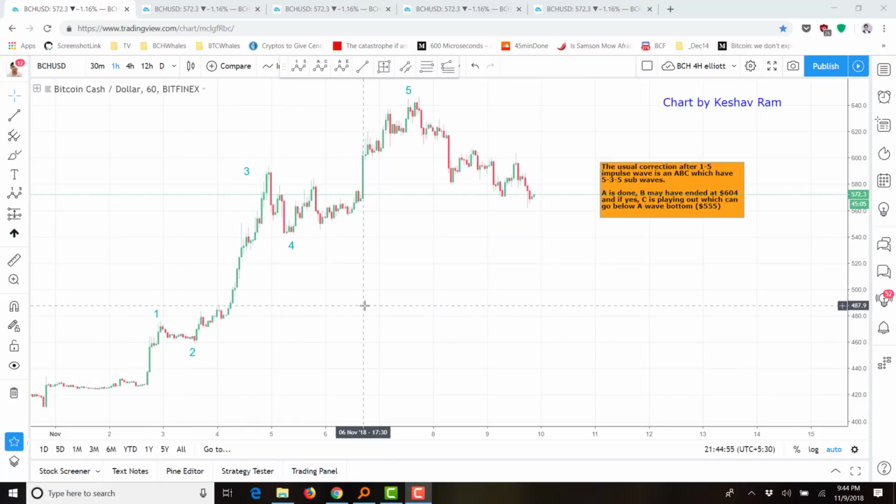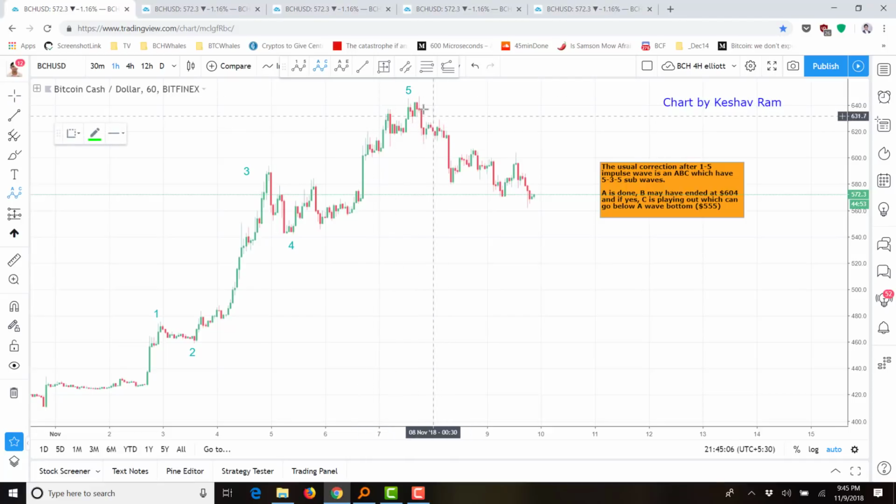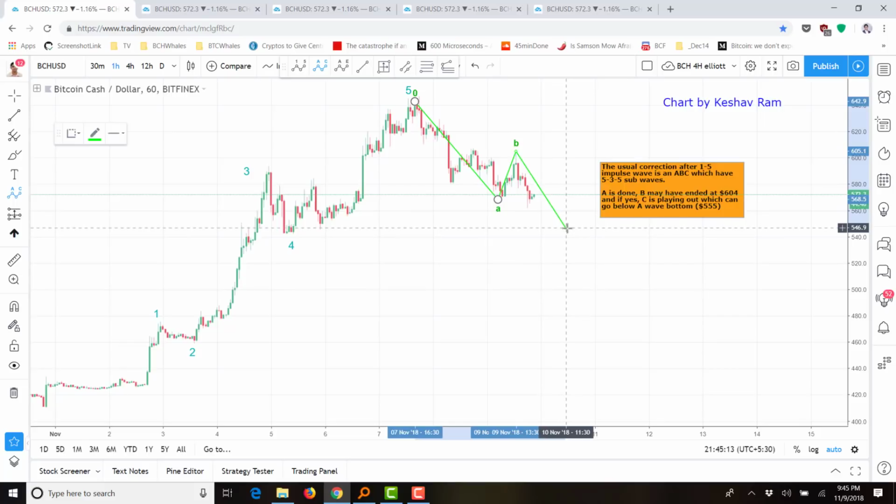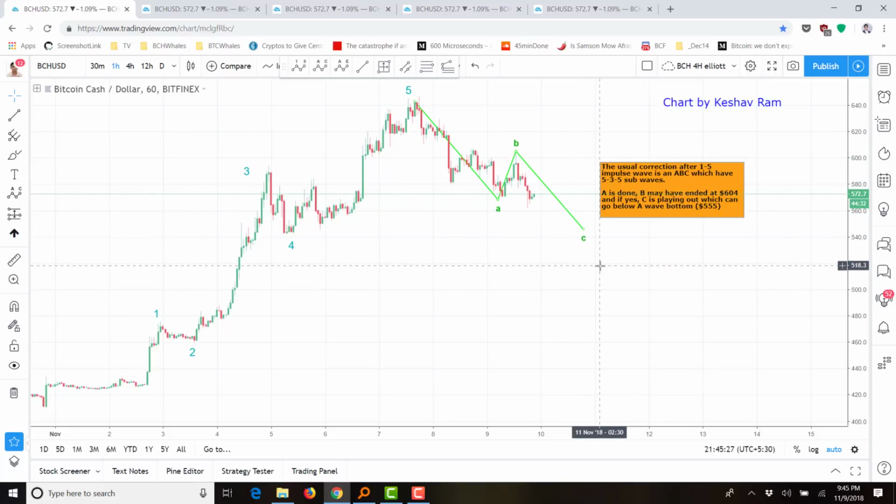This is how a typical Elliott wave bull run happens. Once the 5 waves are done, we have an ABC correction. So we are done with the 5 waves and now we are in the ABC correction. ABC correction happens like this: A, B, and C. Sometimes C ends at the same level as A, but usually C tends to go a little lower than A as well.